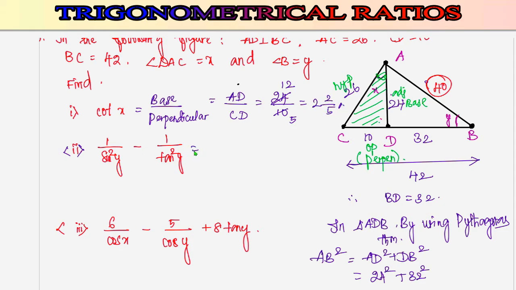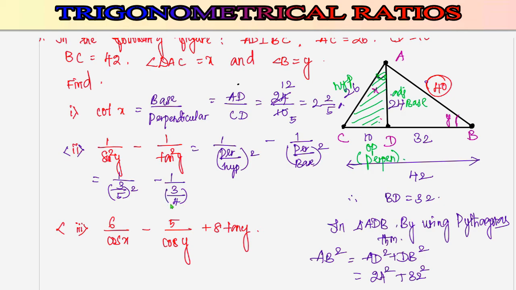Next we will come to the sin y. So 1 divided by sin y, whole square, minus 1 divided by tan y, whole square. Sin is perpendicular divided by hypotenuse, and tan is perpendicular by base. So the values we will get are 1 divided by 3 by 5 whole square minus 1 divided by 3 by 4 whole square.